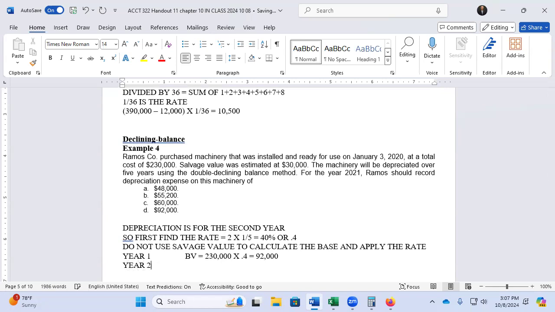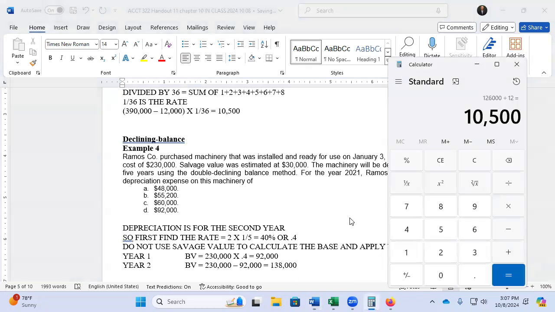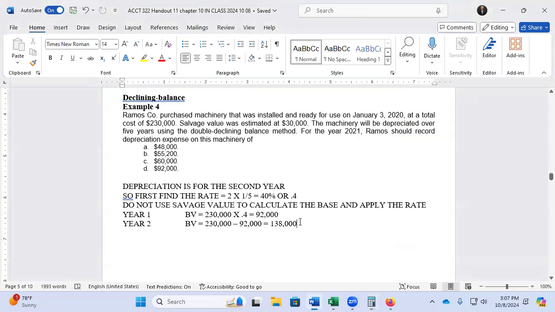Year two, book value equals the 230,000 minus 92,000. I believe that's 138,000. Let's check my math. 138,000. Okay, we multiply that by 0.4.